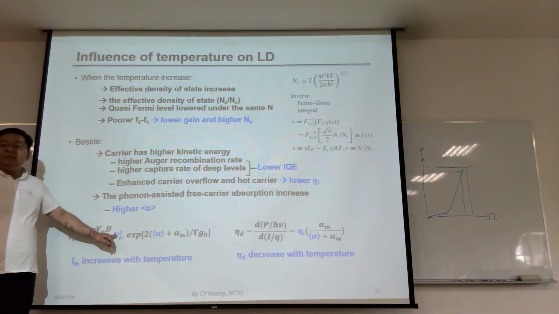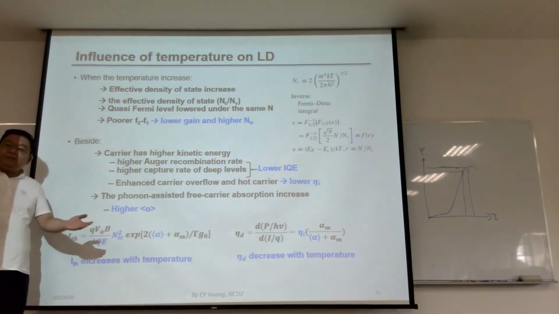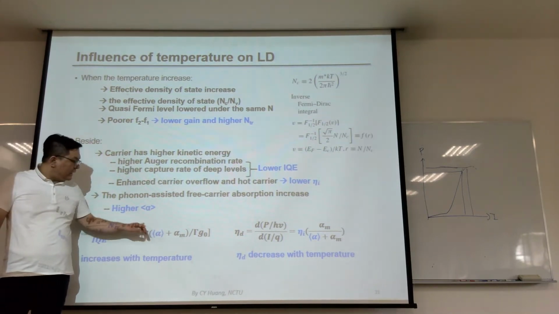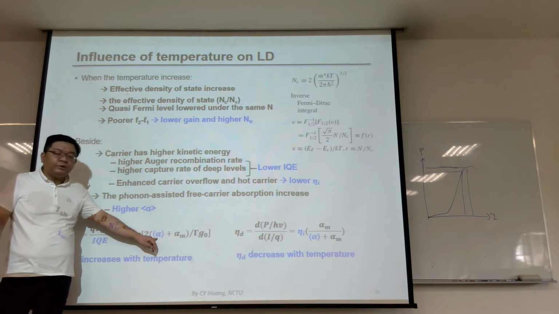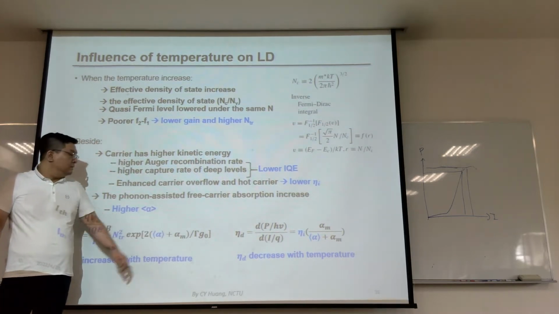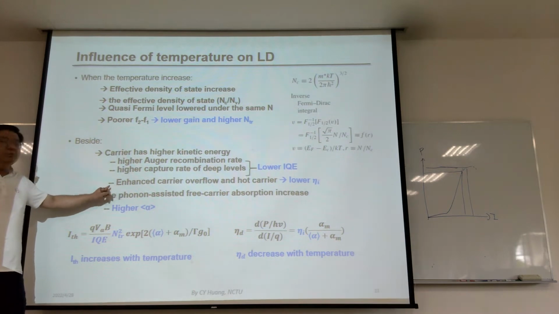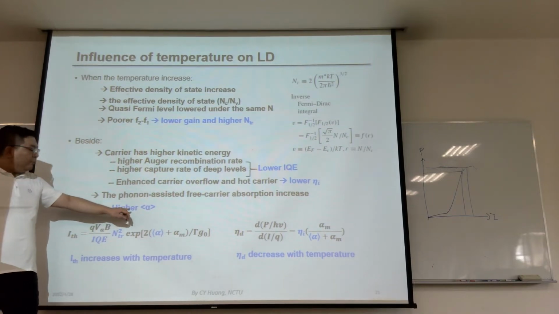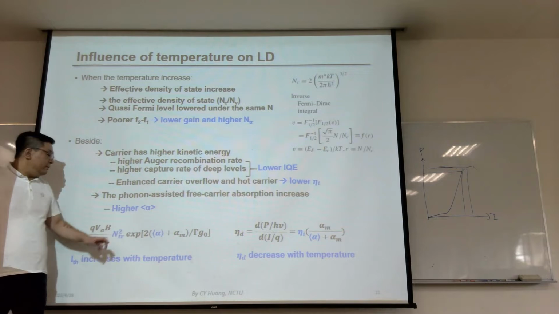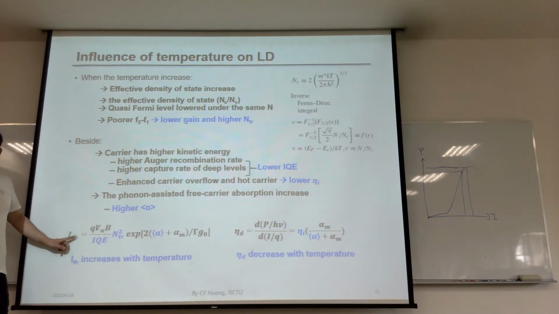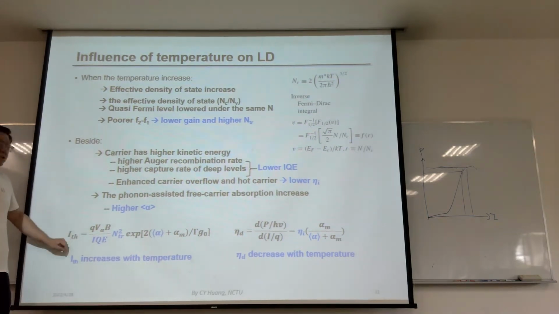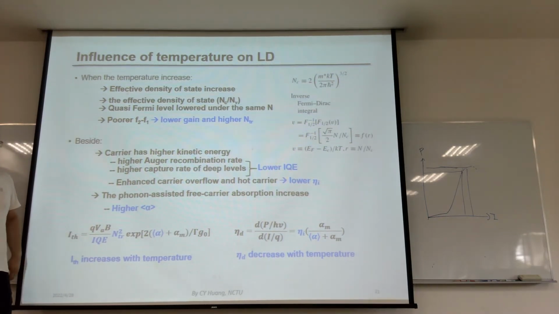It also increases the NTR because your Fermi level separation decreases. And probably you also have a higher internal loss because your free carrier absorption will be more assisted by the lattice vibration. So alpha will also have some influence on that. But anyway, it all tells you that when the temperature increases, your threshold current density will definitely increase.